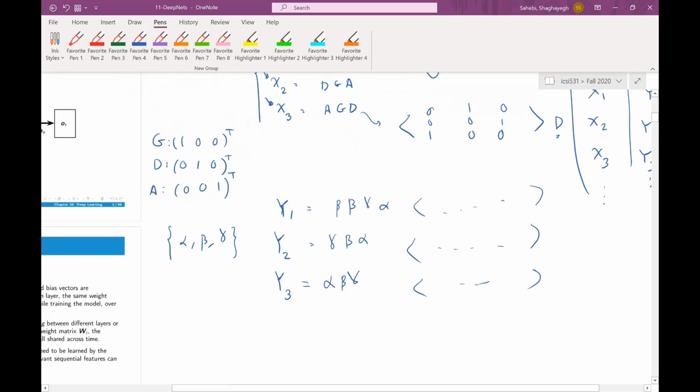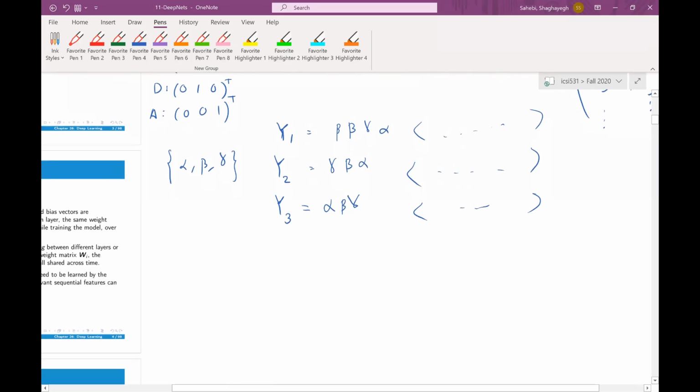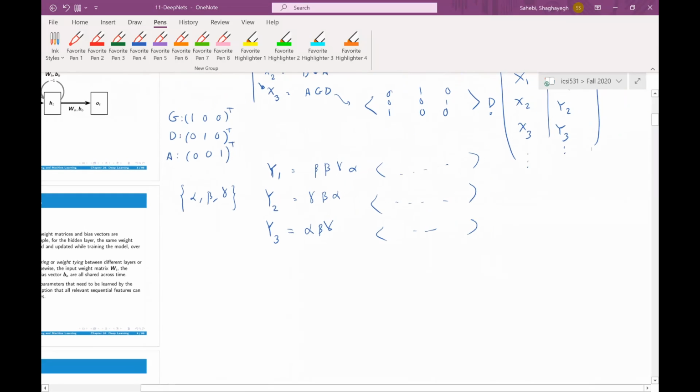Usually for these kinds of networks, we consider a specific maximum length for the sequences, and we use tau for that maximum length of sequence.